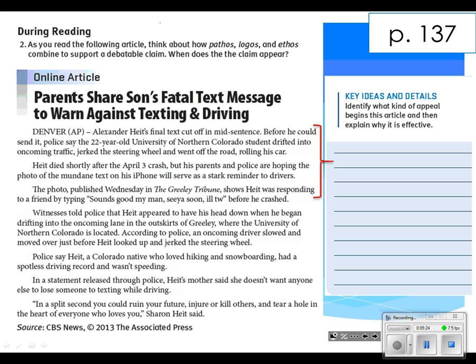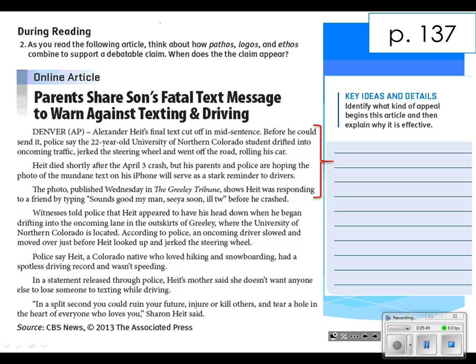He died shortly after the April 3rd crash, but his parents and police are hoping the photo of the Monday text on his iPhone will serve as a stark reminder to drivers. The photo published Wednesday in the Greeley Tribune shows he was responding to a friend by typing, "Sounds good, my man. See you soon," before he crashed.